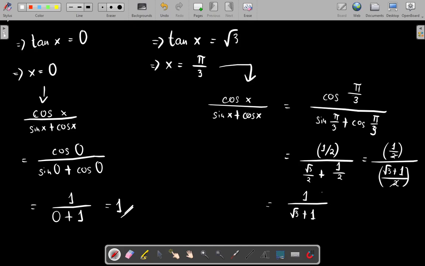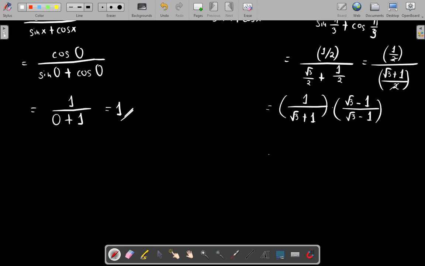Let me rationalize the denominator. I multiply by the conjugate, root 3 minus 1, in both the numerator and denominator. In the numerator we get root 3 minus 1. In the denominator it is (a plus b) into (a minus b), so it is root 3 square minus 1 square. Root 3 square is 3, and 3 minus 1 is 2.